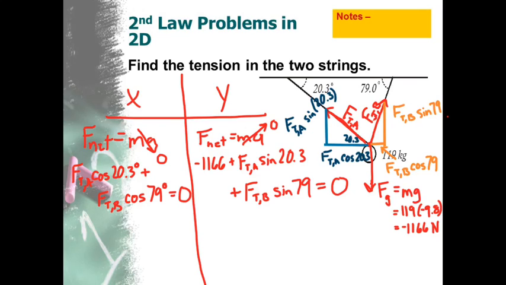So let's go ahead and plug those in. So F_T,A times 0.938, plus F_T,B times 0.191.